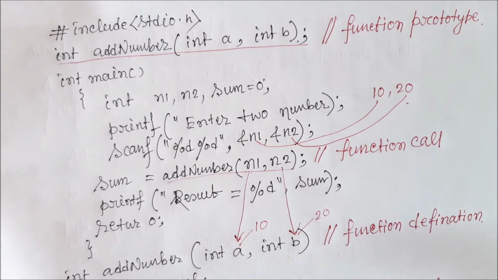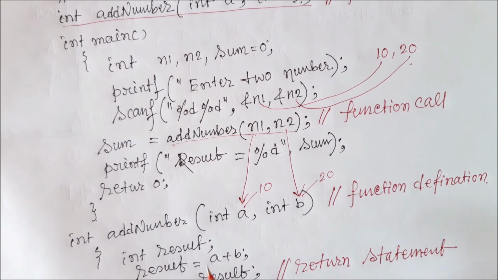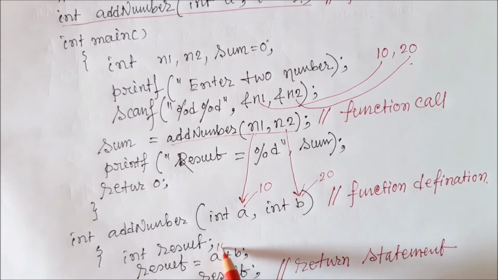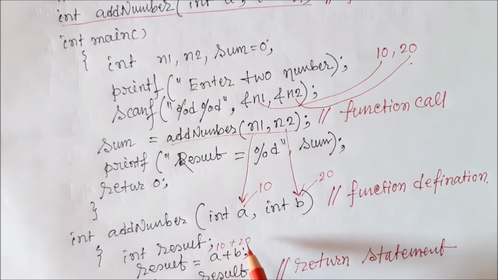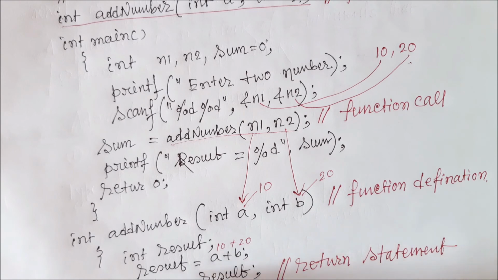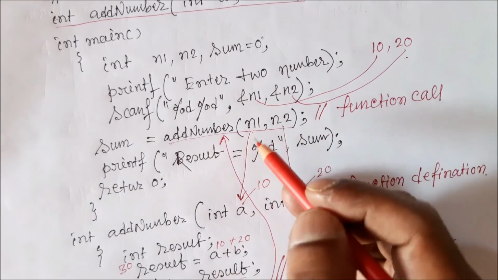Then we have a local variable, integer result, and result will equal a plus b. So, 10 plus 20, that is 30. So, 30 will be assigned to the variable result. Then it will return 30 to the calling function.